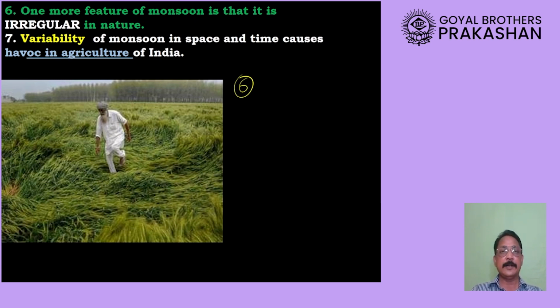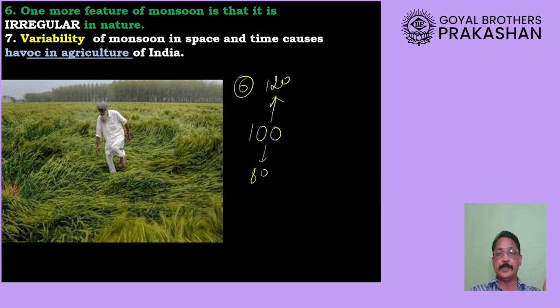And the final characteristic is that the amount of rainfall in India is variable. It means that if the average rainfall of any particular place is, let us say, 100 centimeter, every year it's not necessary that it will be definitely 100 centimeter. It might be less than 100, maybe 80 centimeter, or it may be more than 100, that means 120 centimeter. That is variable in terms of amount. It is also variable in terms of space.